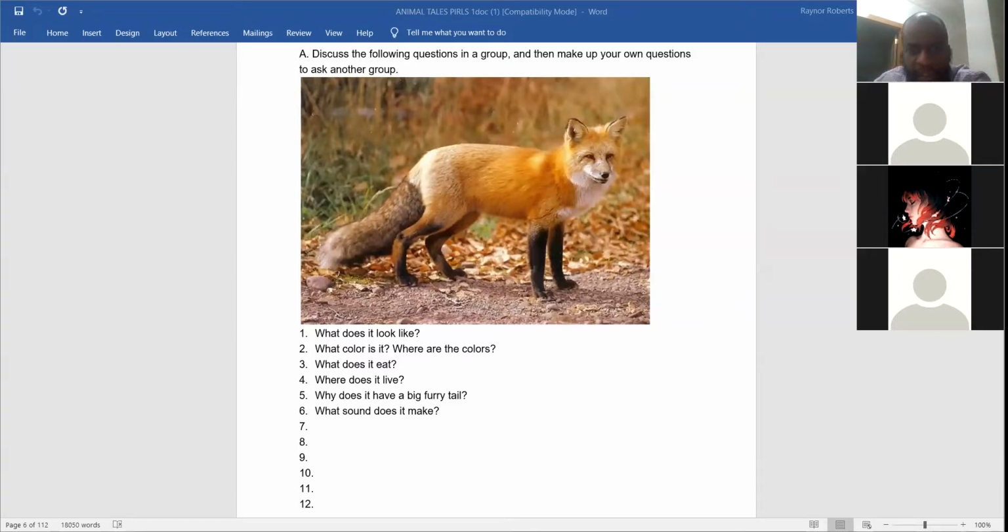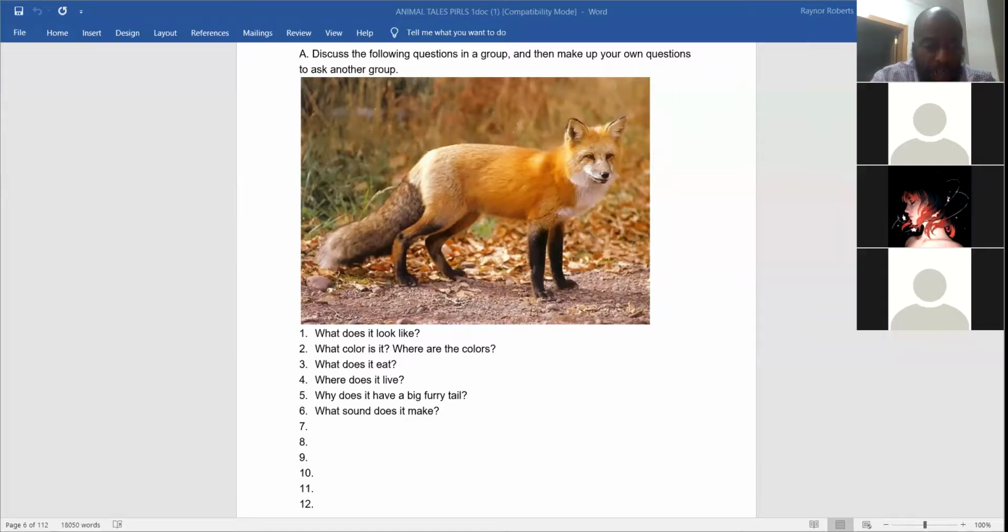All right. Why do you think the fox is associated with those words, tricky, sly, cunning, deceptive, intelligent? Because he knows how to pick his victim. Exactly. They're very skilled hunters.